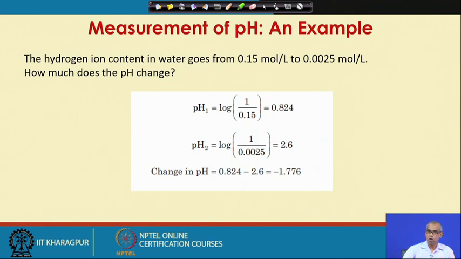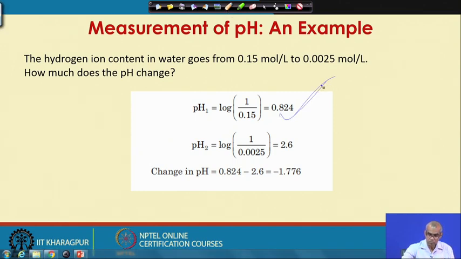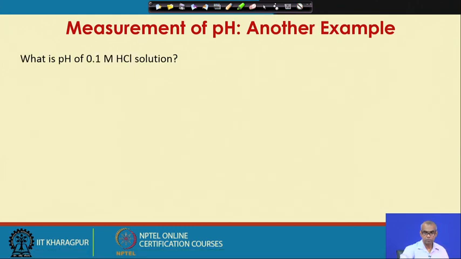It is minus log 0.15 or log 1 by 0.15, which is 0.824. Again, when it is 0.0025 mole per liter, the pH is 2.6. So, the change in pH will be 0.824 minus 2.6, which is minus 1.776. So, simply make use of the formula for pH.